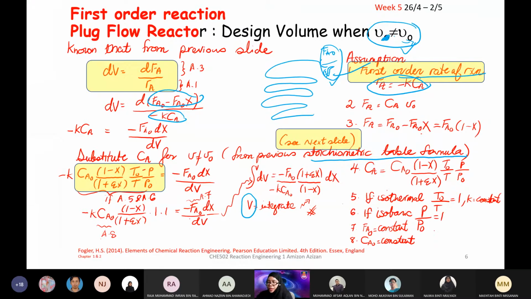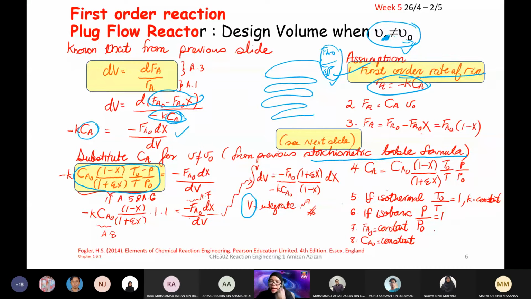Since we have that information, we realize that the CA in this formula is from the order of reaction equation. We are going to substitute the CA there by this whole equation, which is shaded in the yellow box, the one you see in the next slide.